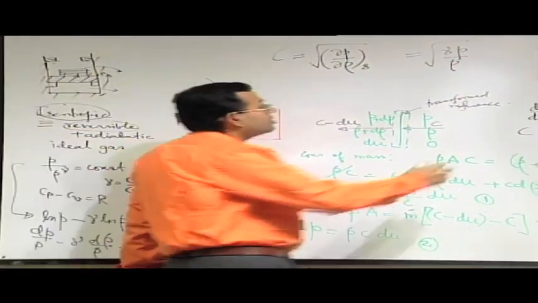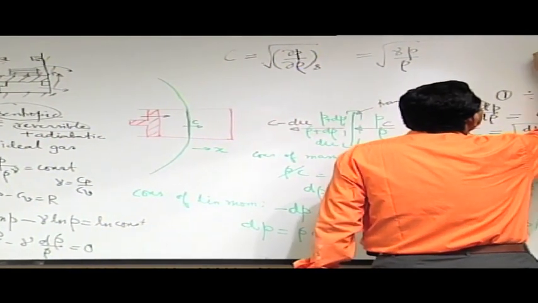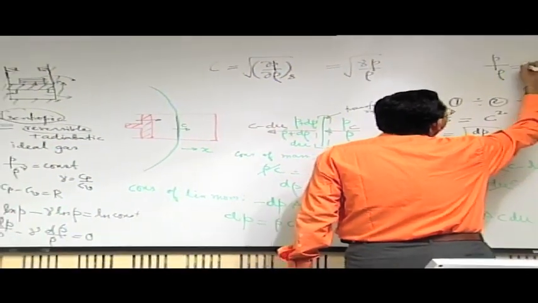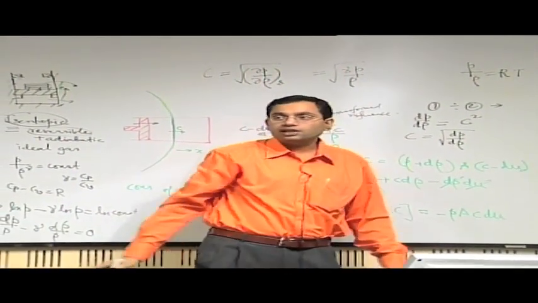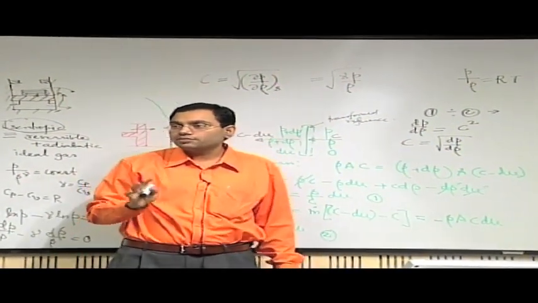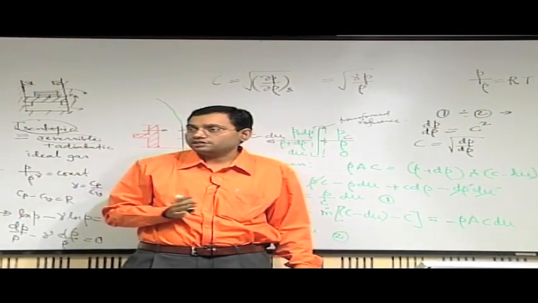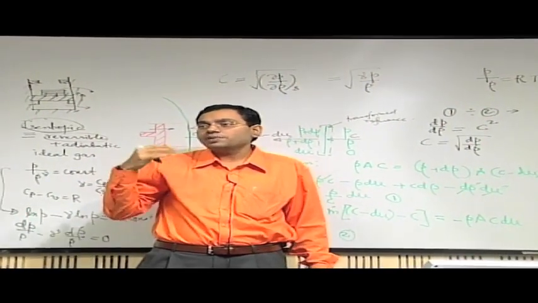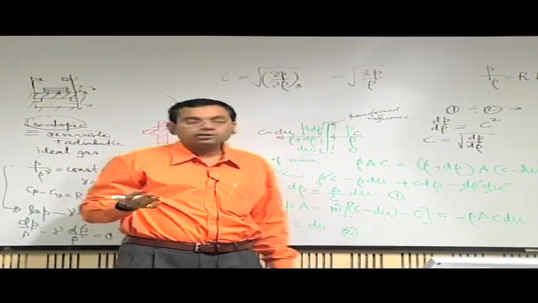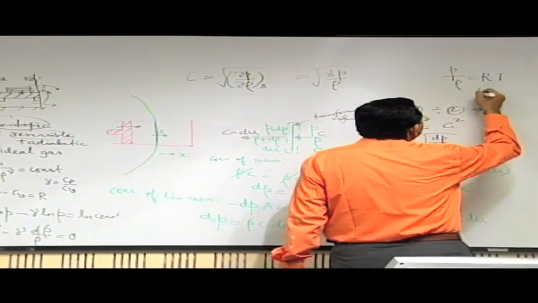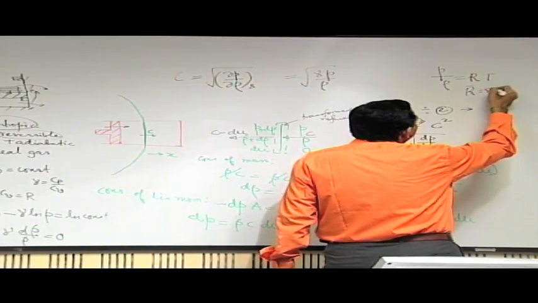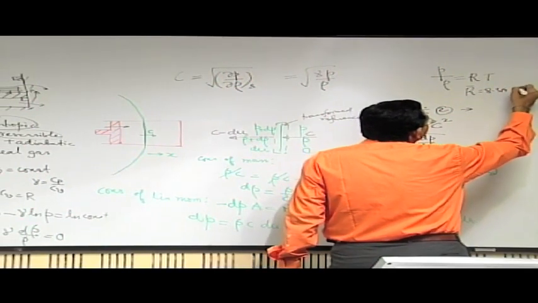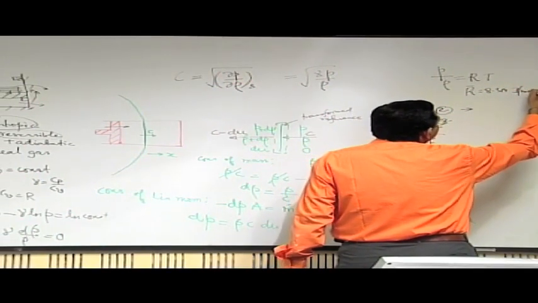And we know from the equation of state that P by rho equal to RT. This R, keep in mind, is not the universal constant, this is the universal constant divided by the molecular weight of the substance. So this is the gas specific constant. The universal constant usually is given a symbol of R bar in the common literature, that is 8.314 joule per mole Kelvin.